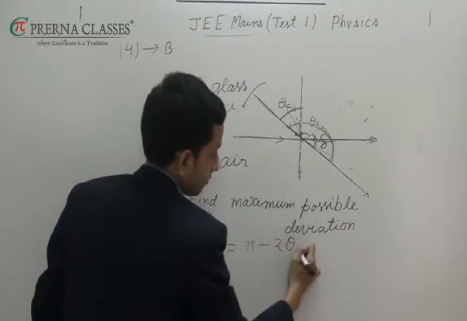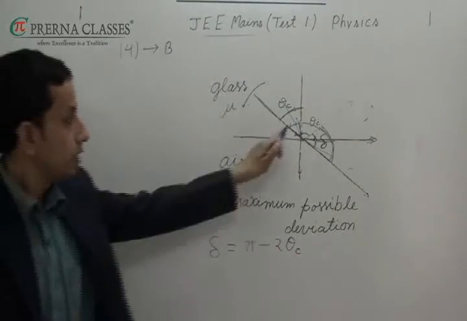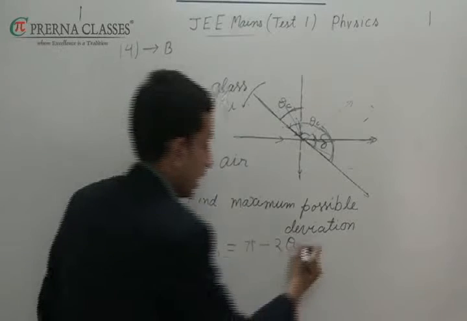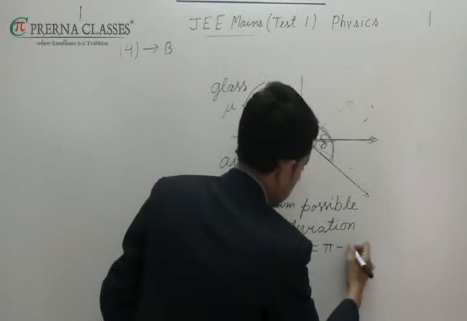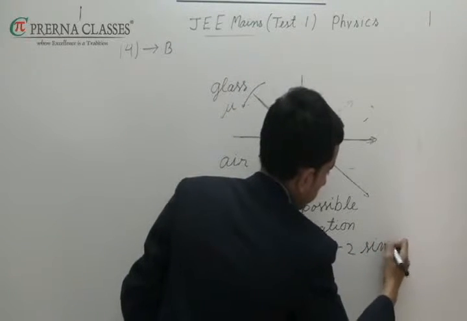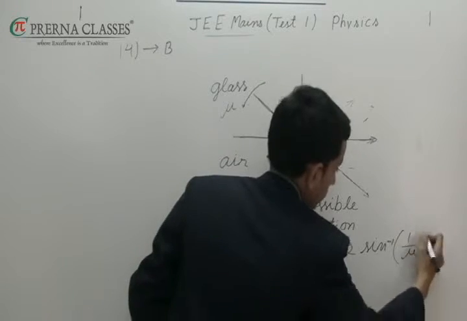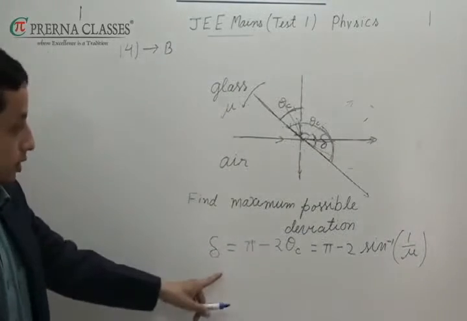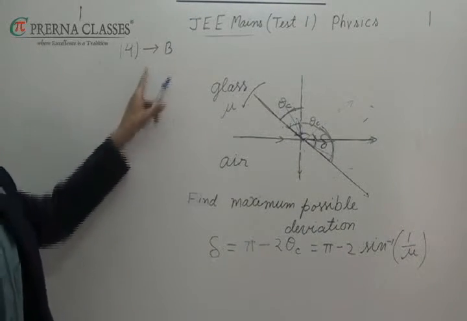So pi minus 2 theta c, and the value of theta c is sine inverse 1 by mu. Hence our answer will be option D.